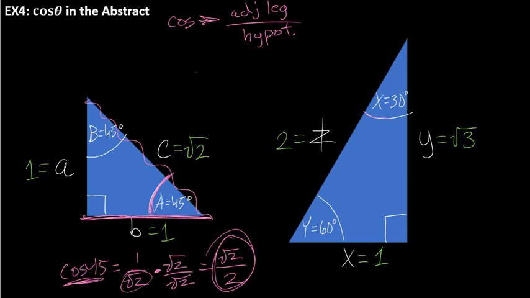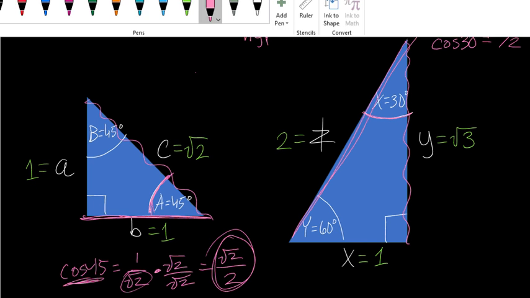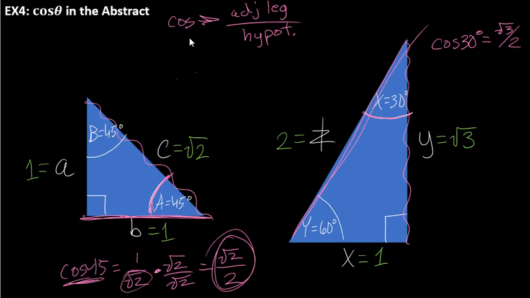Okay, if I do the cosine of 30 degrees, that would be equal to the square root of 3 over 2. Again, adjacent over hypotenuse. And if I do the cosine of 60 degrees, again, adjacent over hypotenuse, that would simply be 1/2.